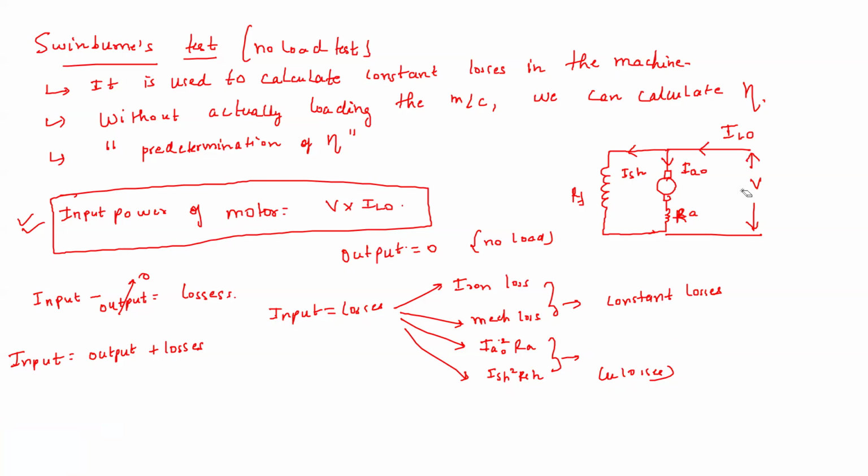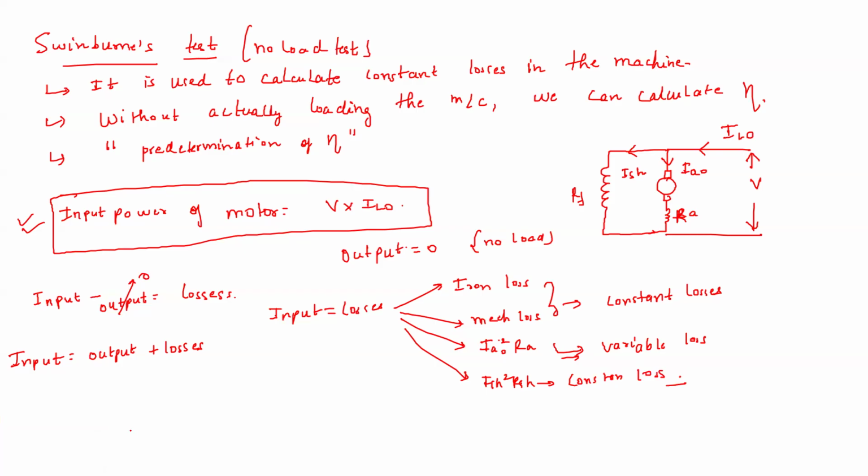If the terminal voltage remains the same, the shunt current V by RF will remain the same, and hence ISH square RSH also comes in the constant loss. So the only variable loss is Ia square Ra, the armature copper loss.